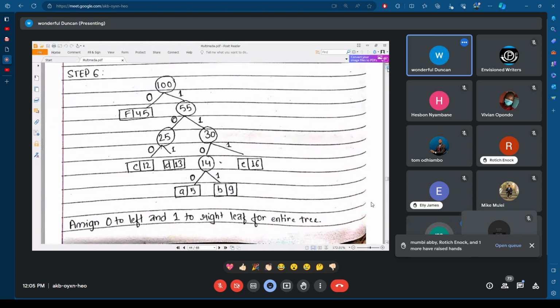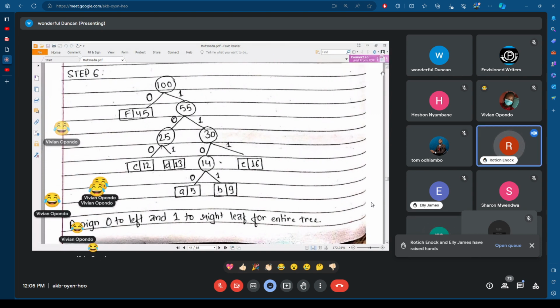Hello? You're going too fast and we are not able to follow through the notes. People can share them. You're too fast. Let me finish, then I go back up. Is it okay? It is easier when we are following from our notes.